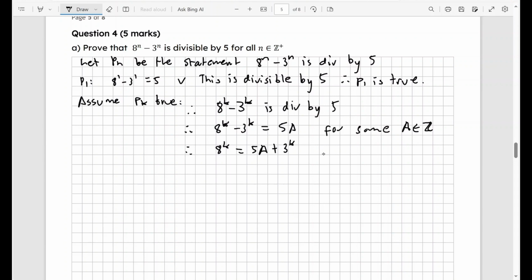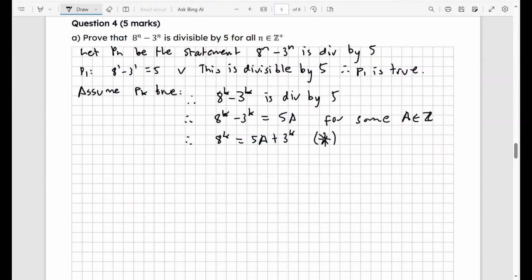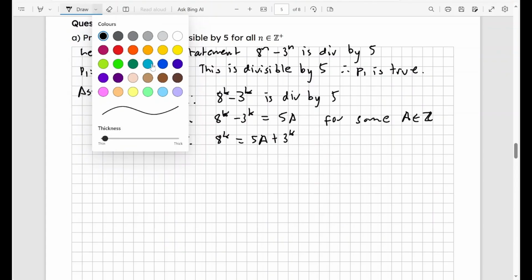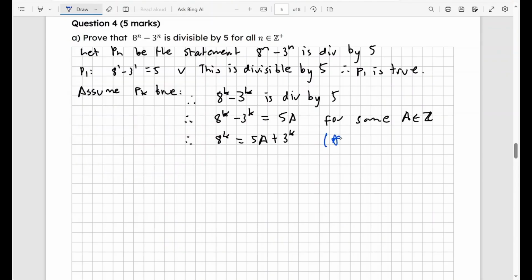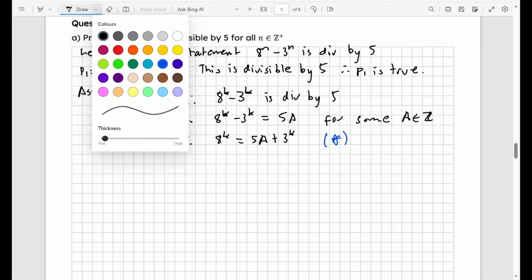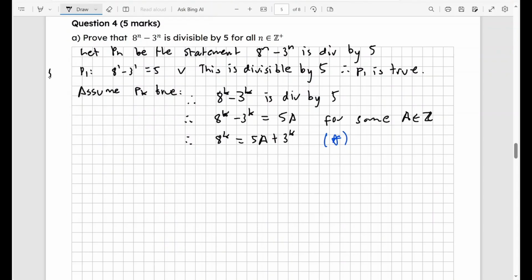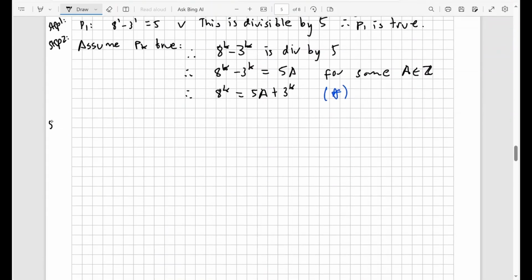We'll label that with a star. I might actually do my star in a different color, just so we can see it. Cool. All right. So step 1. Step 2. All right, step 3.